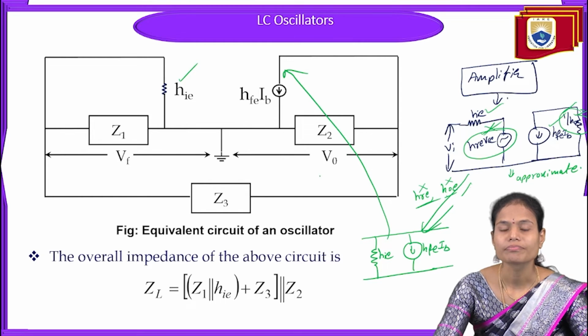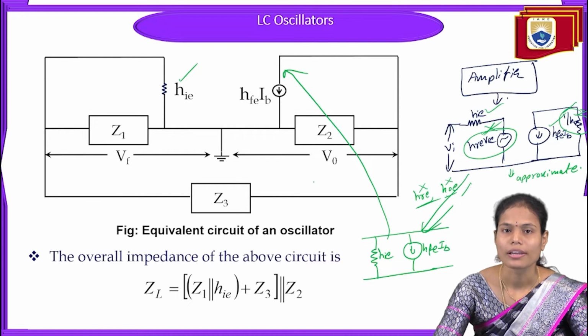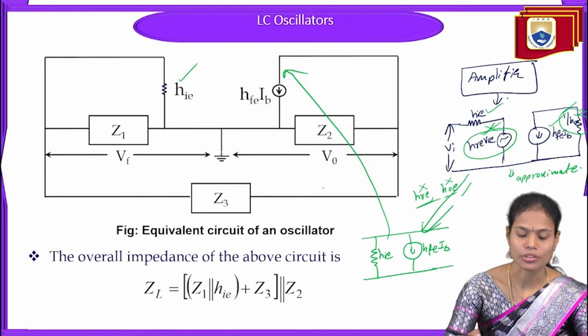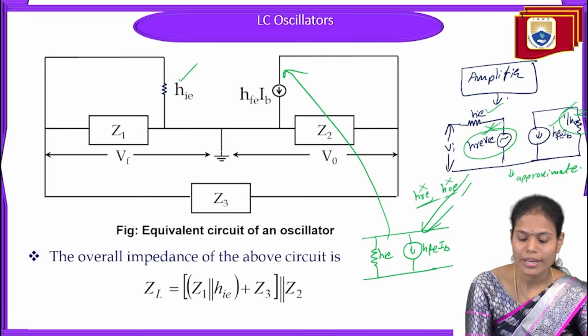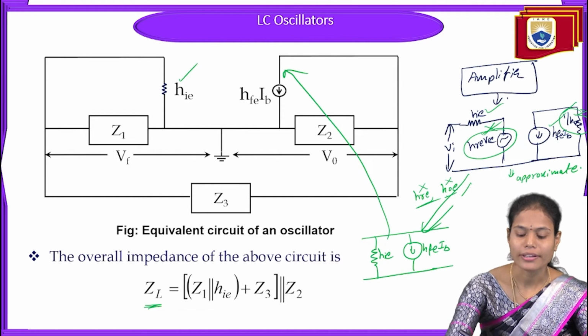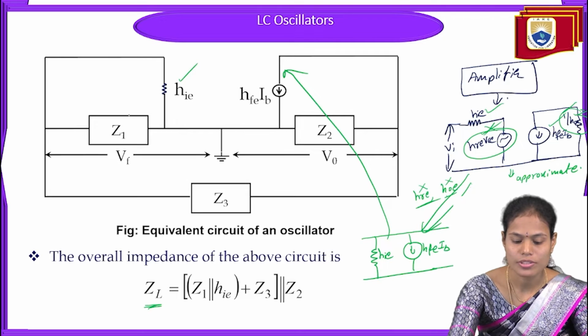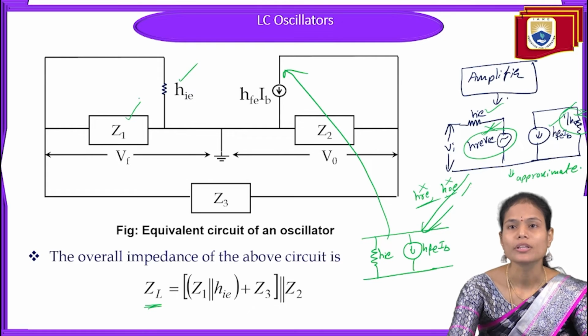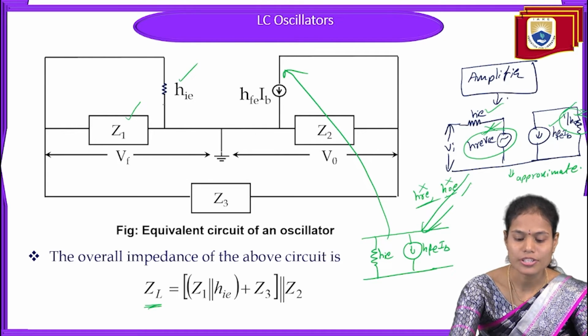So to find the frequency of oscillations or the overall LC oscillator equation, I am finding the overall impedance of the circuit. The overall impedance I am taking here as ZL, the load impedance, and we can calculate it here. Z1 is the input impedance and it is parallel to the input impedance of the amplifier.